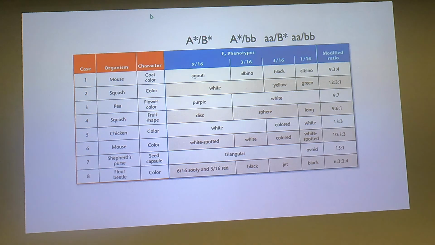How would you explain that logically? I think the key here is to figure out why are these 3/16 here colored and the others aren't? Yes? B is only able to express a colored phenotype if it has a dominant allele, but only if A isn't. And then when A does have any sort of dominance, no matter what B is, it overwhelms it with the white color.